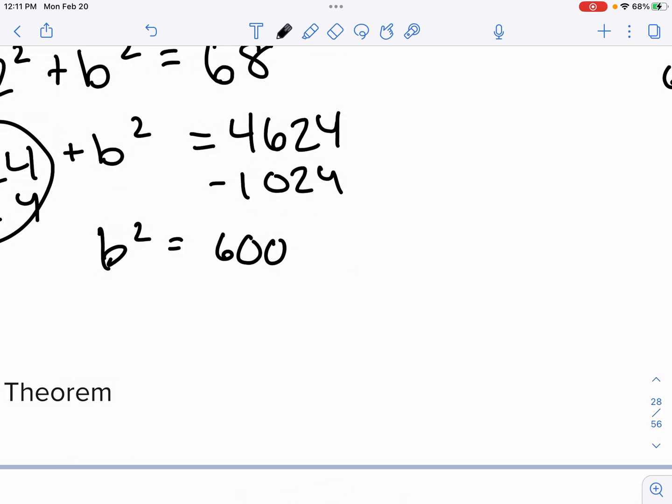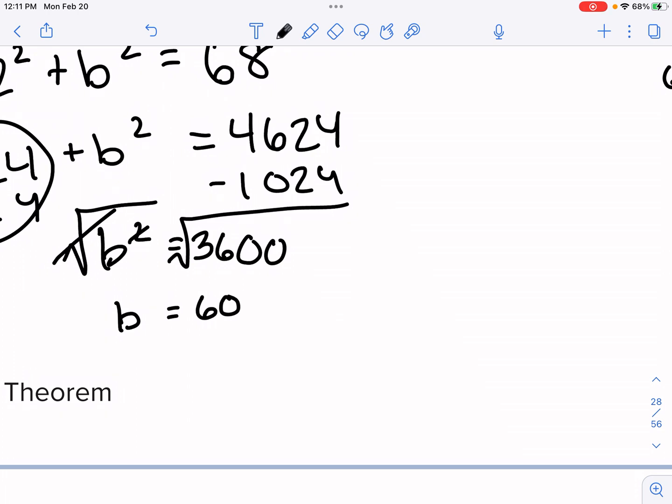And when we take the square root of both sides, b is going to actually be a perfect square because the square root of 3,600, or you could think about it as what's the square root of 36? Square root of 36 is 6. And we're going to add a 0 here. So our final answer is going to be the height of the center pole is 60 inches.